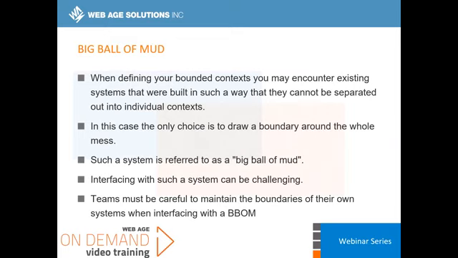Certainly interfacing with such a system can be challenging, and your own bounded context interfaces are going to be probably more scrutinized or more challenging when you're trying to interface with this big ball of mud.